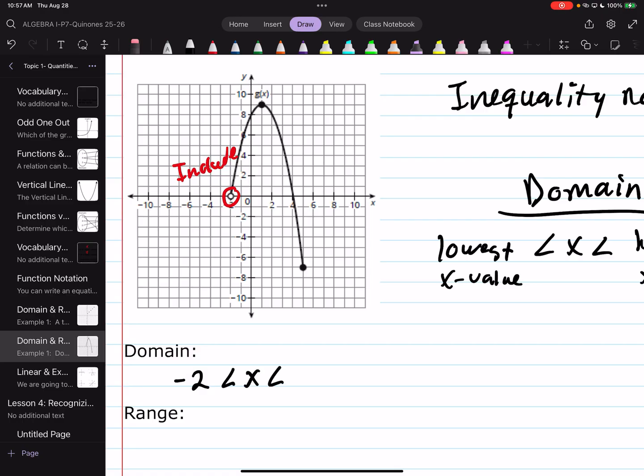Now, how far to the right does the graph go? What's the farthest right value that you see? 5. But wait, that end looks different. What's different about it? It's filled in. So can we include that value into our solution? Can we equal that value? So here's what changes.